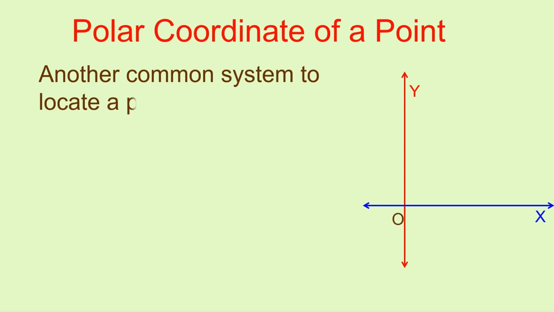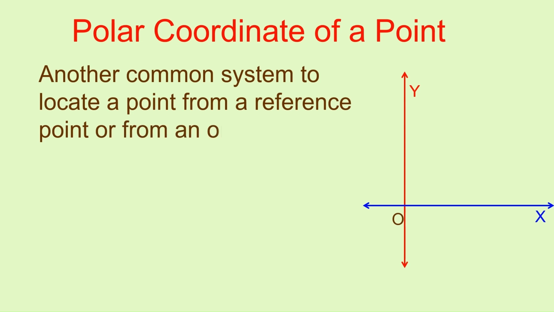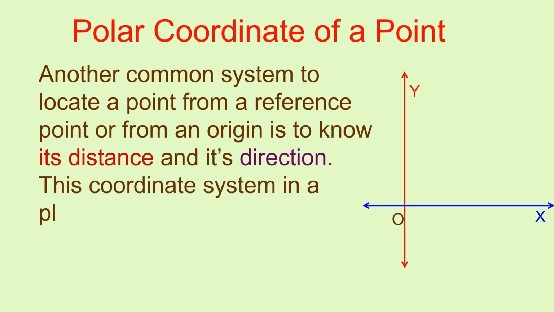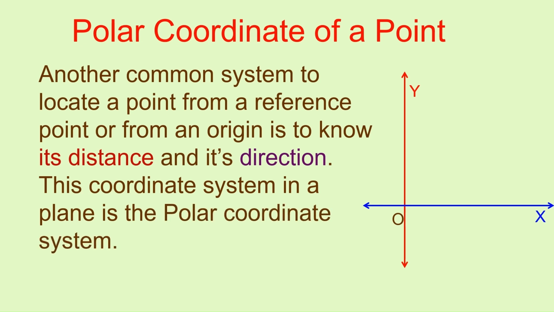Another common system to locate a point from a reference point or from an origin is to know its distance and its direction. This coordinate system in a plane is the polar coordinate system.